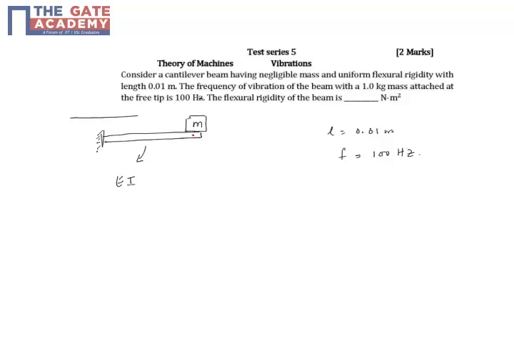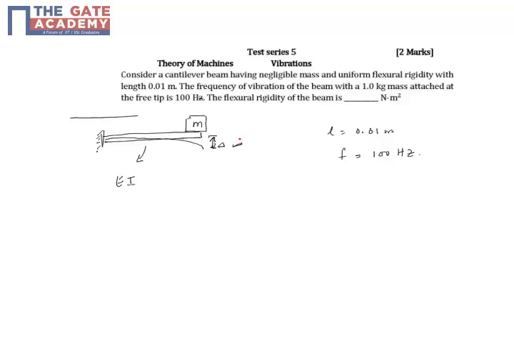Okay, so what we have to do is the cantilever beam basically acts just like a spring. Now when you place a mass here, it deflects, and the deflection profile looks like this. So this is deflection. It's something like you have a spring and you keep a mass, so there is a static deflection. So this delta is static deflection.